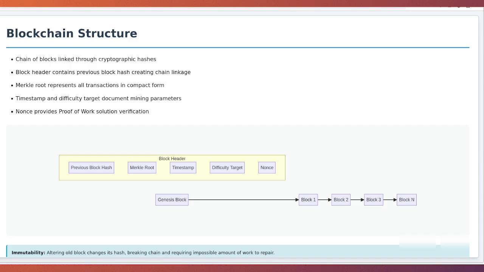To fix the link, you would need to recalculate the hash, which means finding a new nonce, which requires redoing the proof of work. Then the next block's link would be broken, requiring you to redo its proof of work, and so on for all subsequent blocks. This cumulative proof of work creates a computational barrier that makes the blockchain effectively immutable.